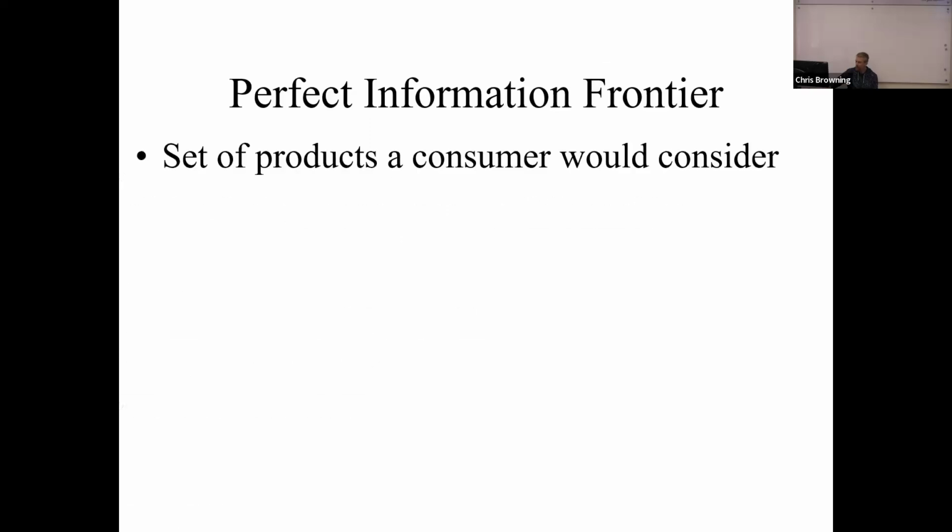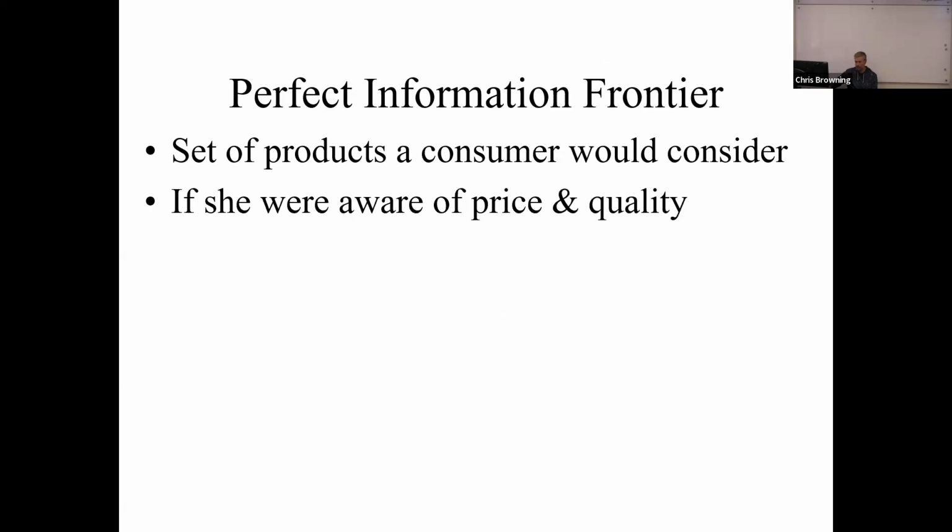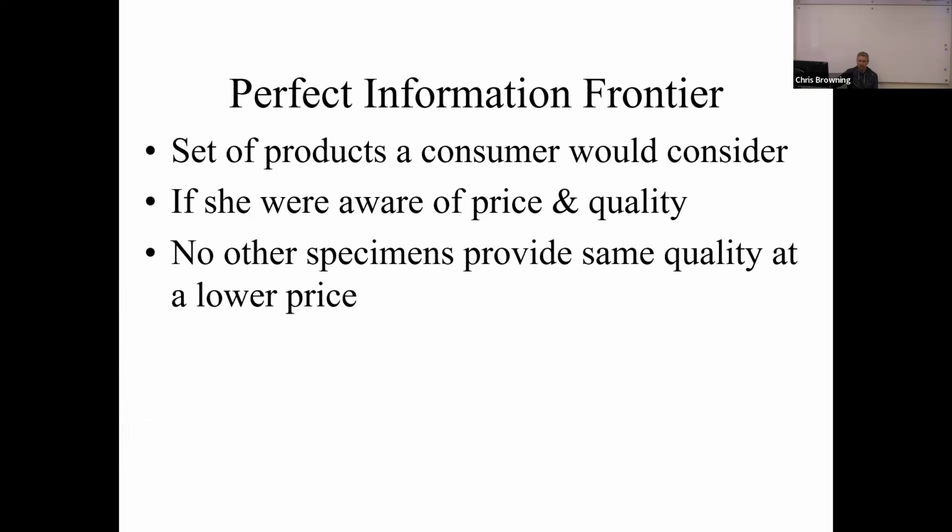All right, so let's talk a little bit about the perfect information frontier. This is a set of consumer goods or services that the consumer should consider. And they should consider only a certain set of products and services because they're fully aware of the price of those products and services and the quality of those products and services. Okay. So when that's true, I'll never pay more than the lowest price for a certain level of quality, or I'll never choose a good or service that has a lower quality for a given price, right?